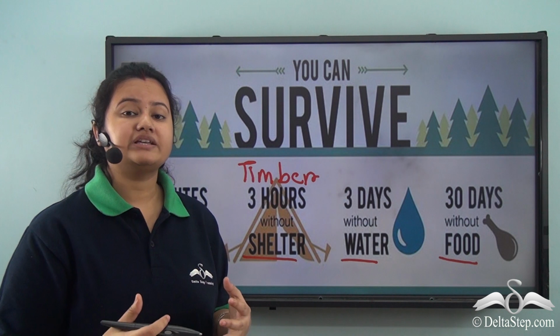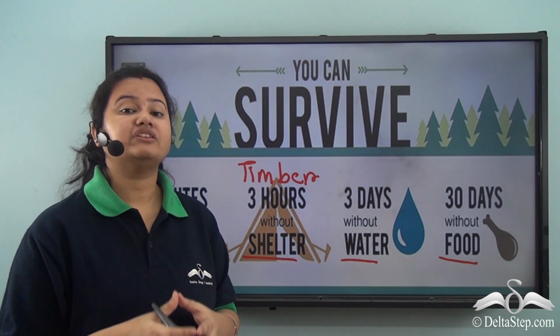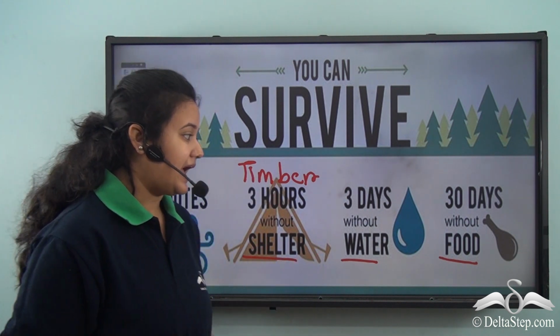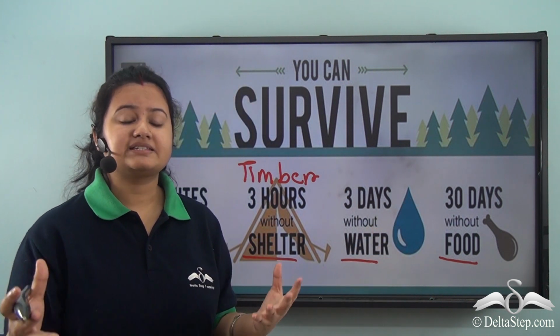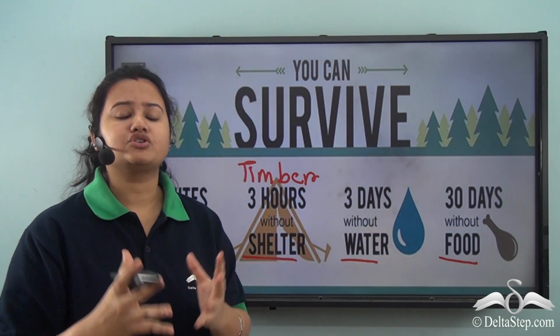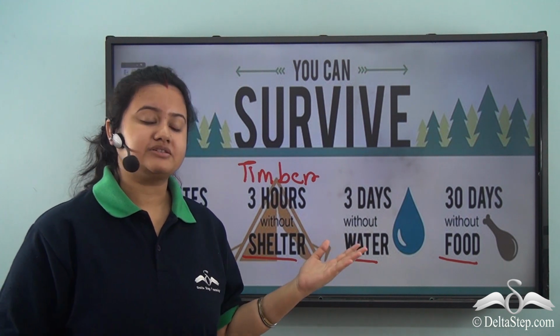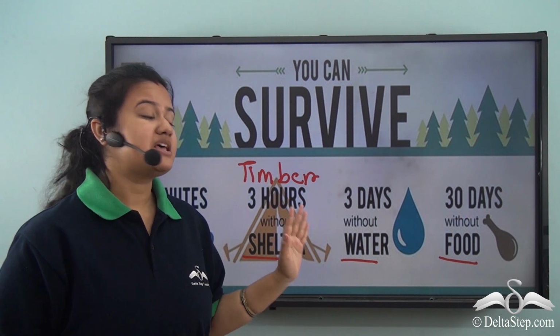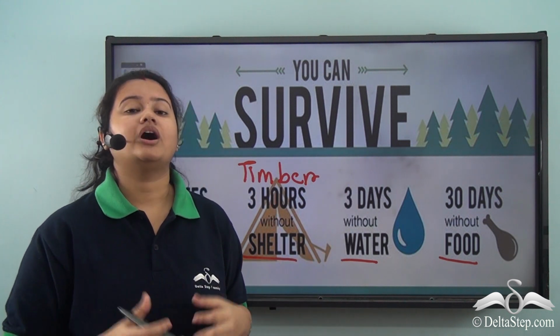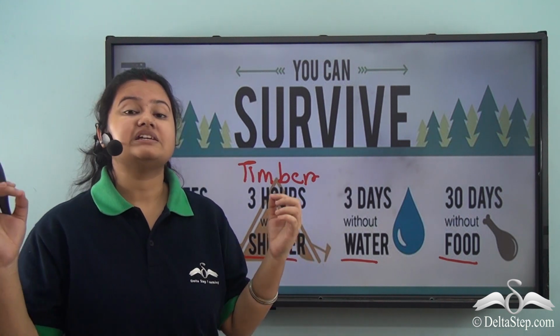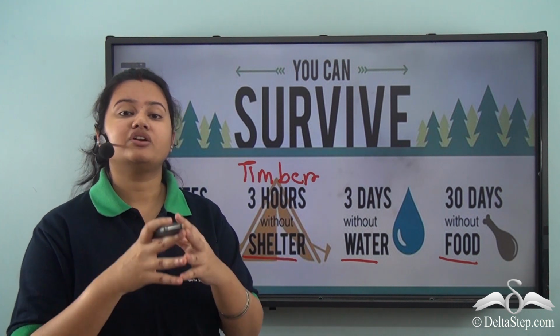Also, plants provide us with fresh water in the form of rain. And the fruits, vegetables, cereals, pulses, etc. that form a major part of our diet come from plants. So we see that plants provide us with all the basic things that are required for our survival. Thus, plant is indeed a valuable natural resource.